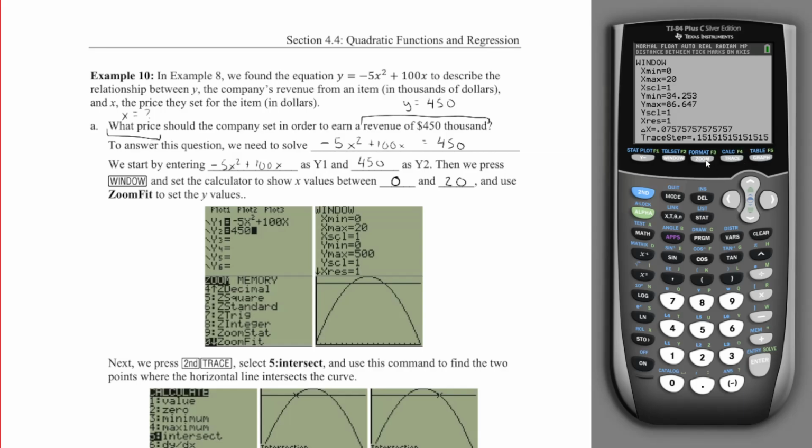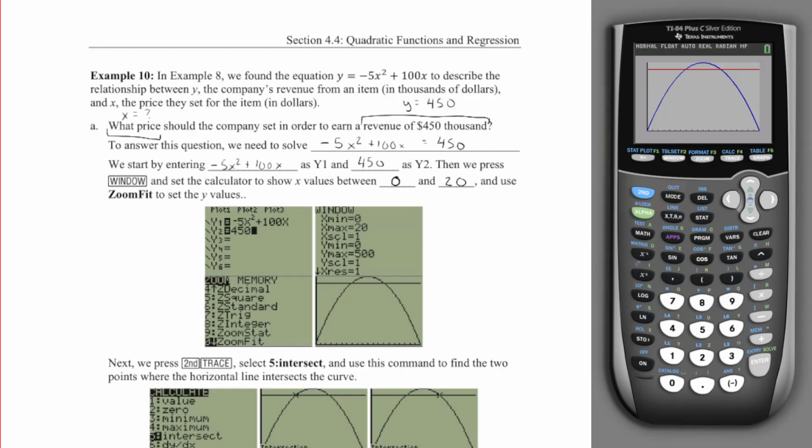Y is going to take care of itself when I go to zoom and scroll down to choose option 0, zoom fit. Again, that says, I gave you the x values I want. Give me the y values that go with it. So we see our quadratic function, that's the parabola, and we see a horizontal line, that's y equals 450.